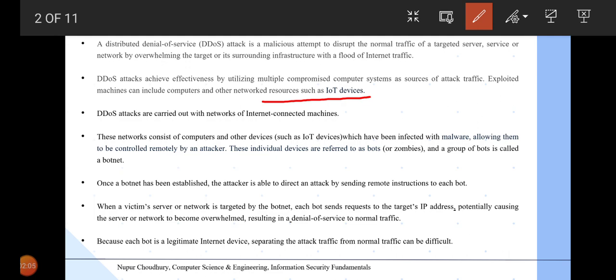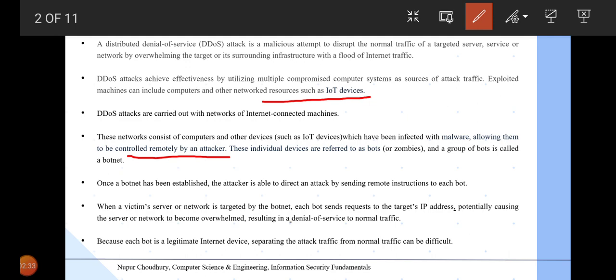These networks consist of computers and other devices which have been infected with malware, allowing them to be controlled remotely by an attacker. So whenever a malware is installed in the system, if the attacker can remotely control those malwares and the systems that are installed with these malwares, then the DDoS attack can be performed over internet.